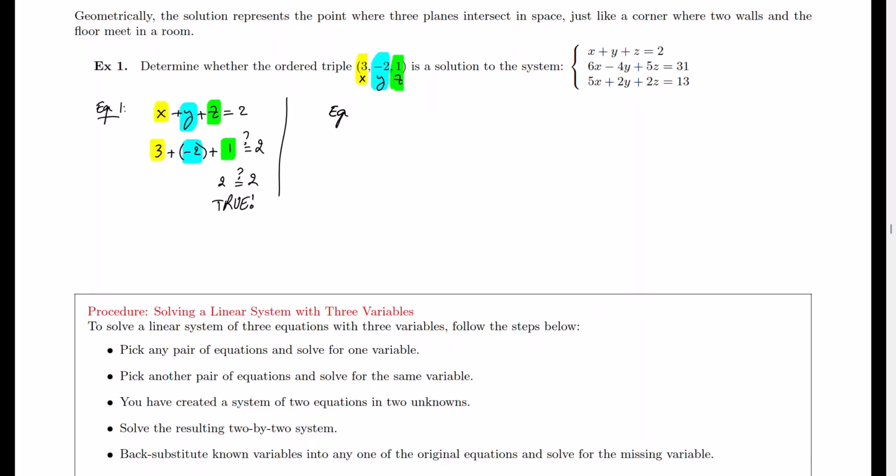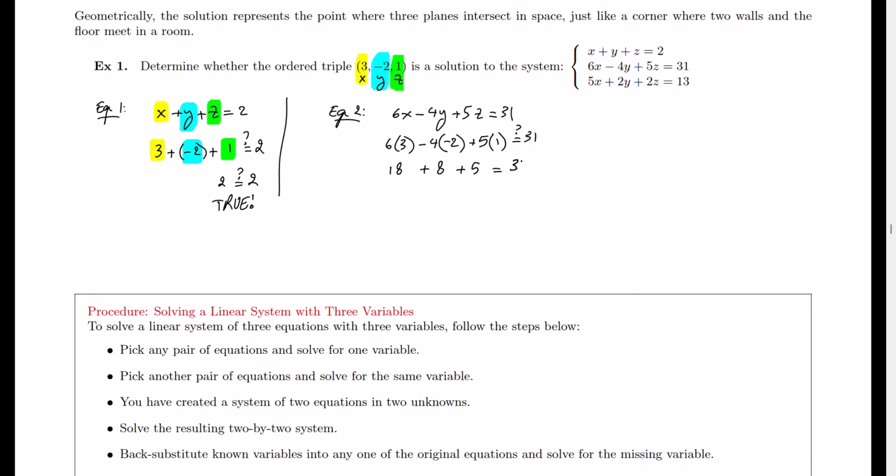So let's go ahead and check equation number 2, which is 6x minus 4y plus 5z equals 31. Plugging in the x, the y, and the z, is it true that the number will be 31? So 6 times 3 is 18, -4 times -2 is going to be +8, and 5 times 1 is just 5.